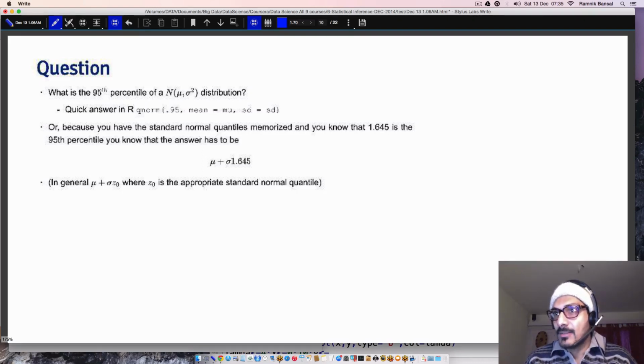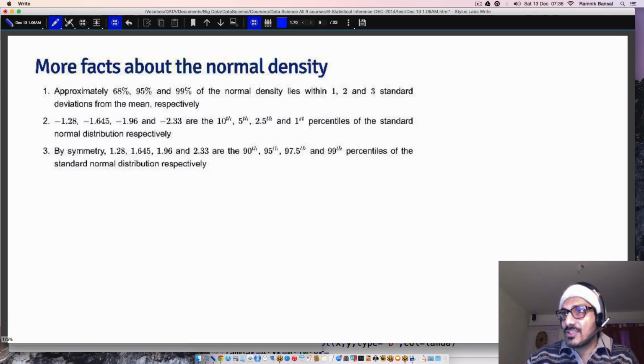Basically, how can I convert any normal distribution into a standard normal distribution? We saw these values for the standard normal distribution, so that's how we get it.